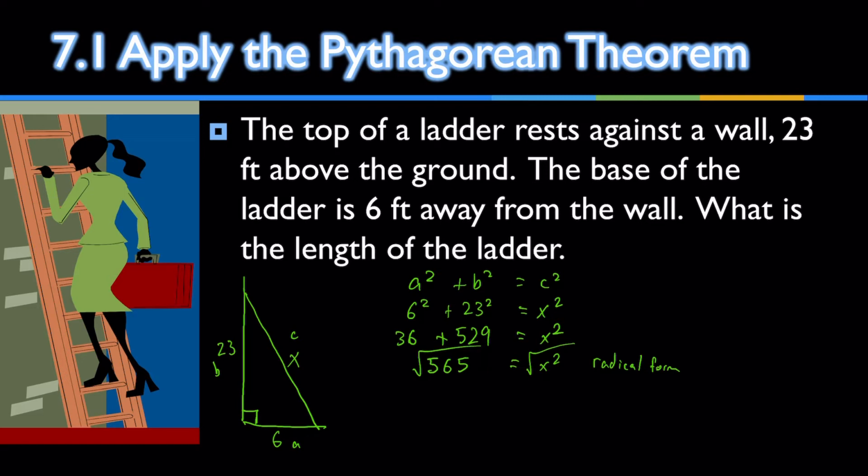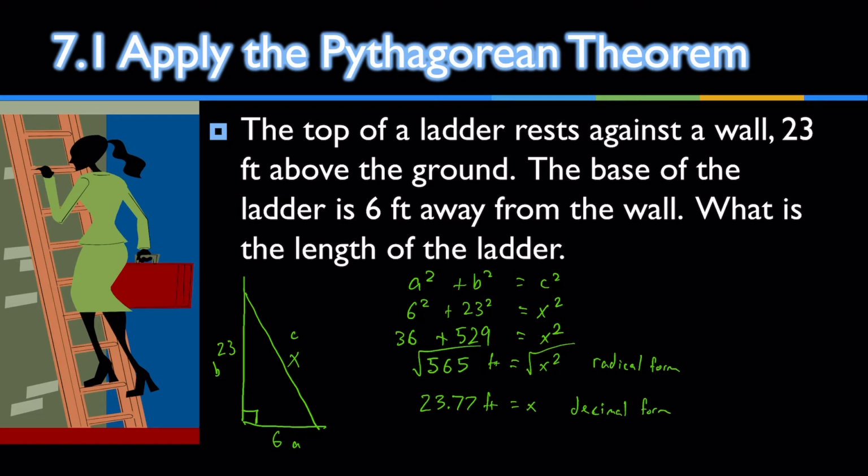But word problems often want decimal form. So let's go ahead and get decimal form. Punch it in the calculator. Get 23.77. That's decimal form, or rounded to 2 decimal places.